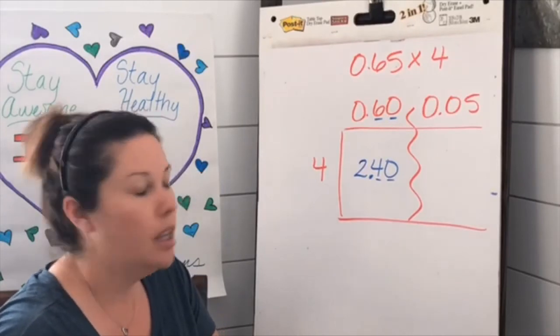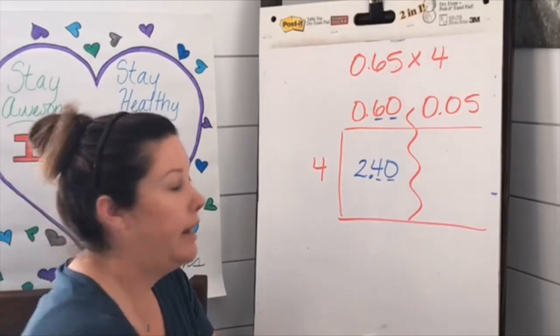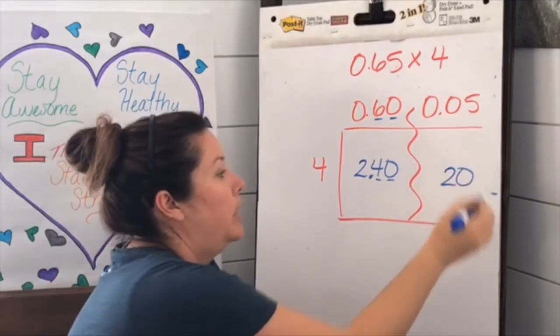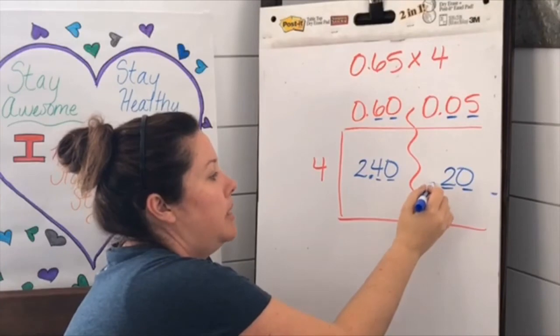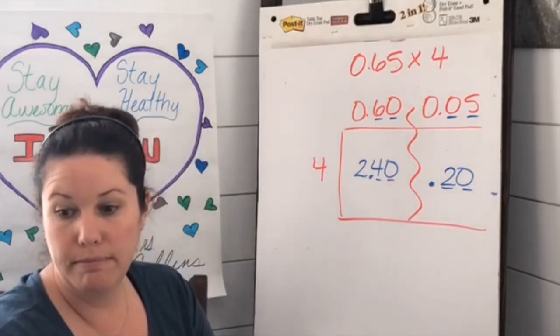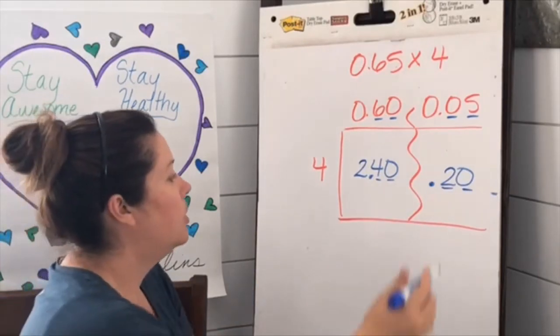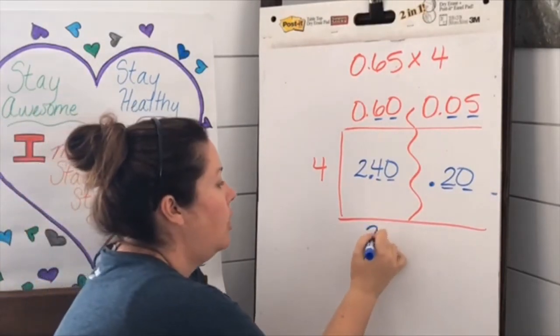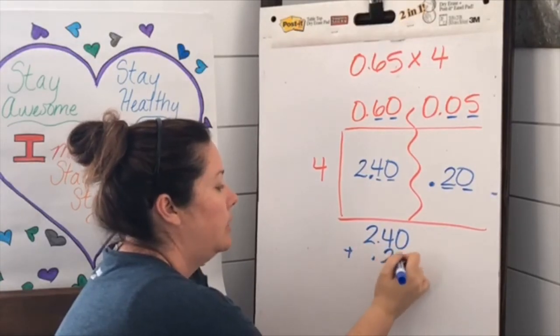Okay? Now I'm going to do 4 times 5. What's 4 times 5? 20, right? Here's my 20. I'm going to do 1, 2, 1, 2. So that means my decimal point goes right before the 20. Okay? Now I can add this together. So I'm going to do that right here. $2.40 plus 20 cents.